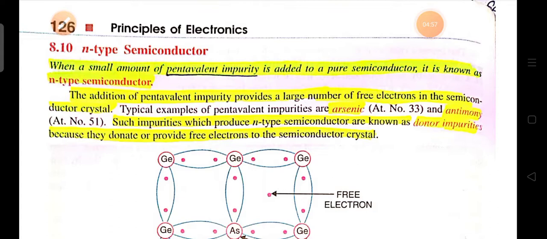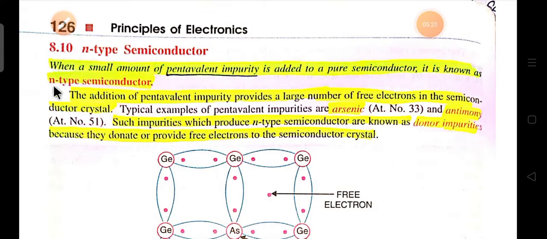What is pentavalent? Pentavalent means the element which has 5 electrons in its outermost orbit. That means 5 electrons in the valence band.